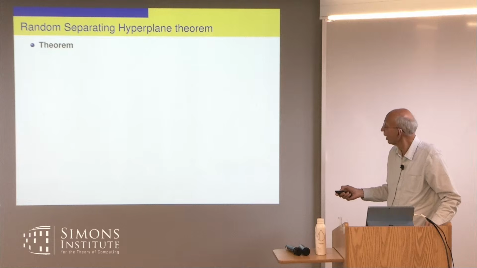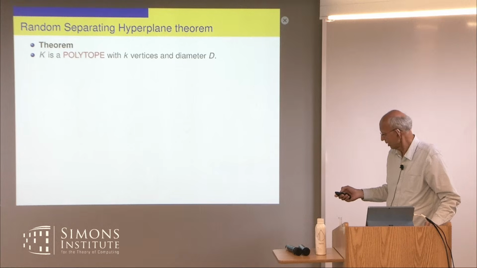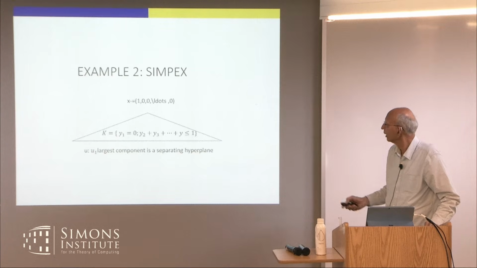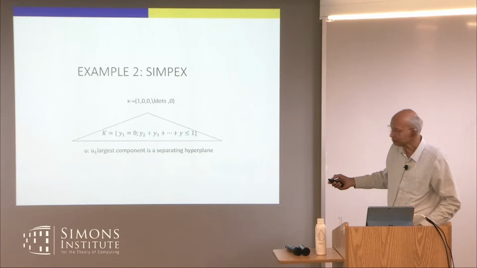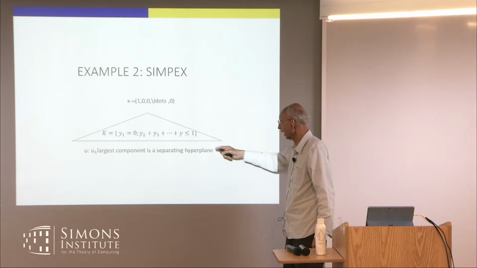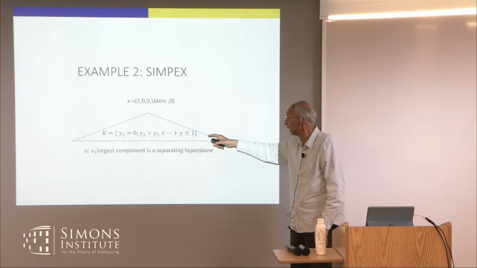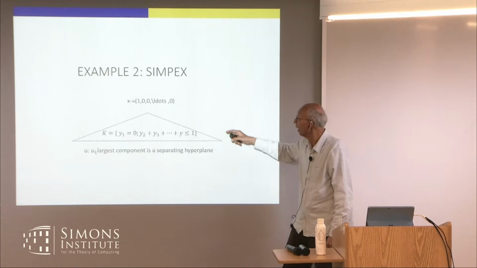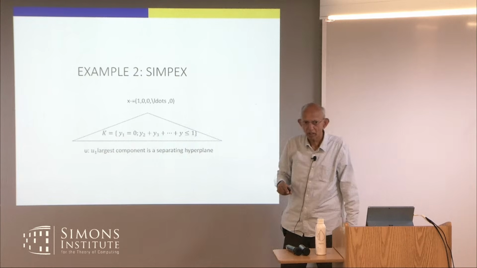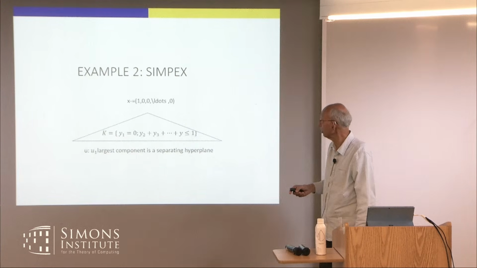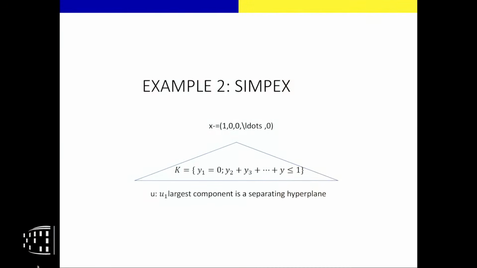Example 2 is a simplex in one lower-dimensional space. Again, y1 is 0, y2 through yd sum to less than or equal to 1, that's the simplex, and then the point (1, 0, 0). Now you can see that any u that has u1 as the largest component separates these two.